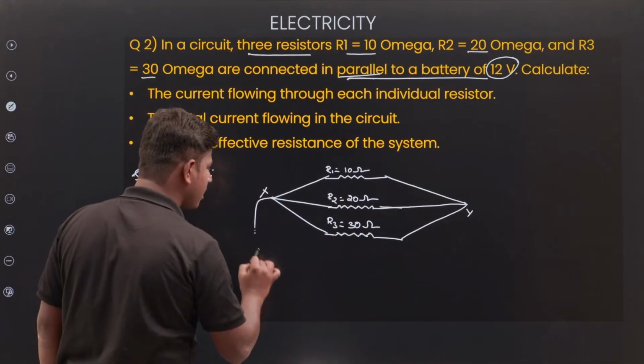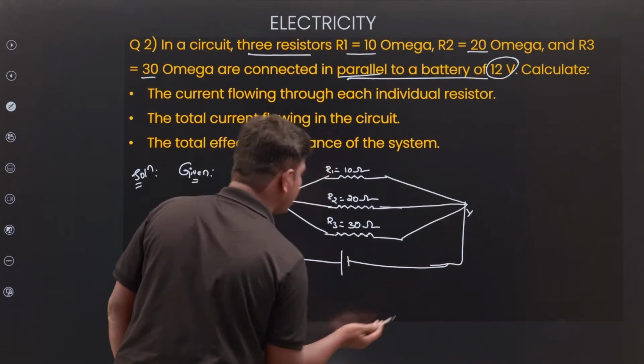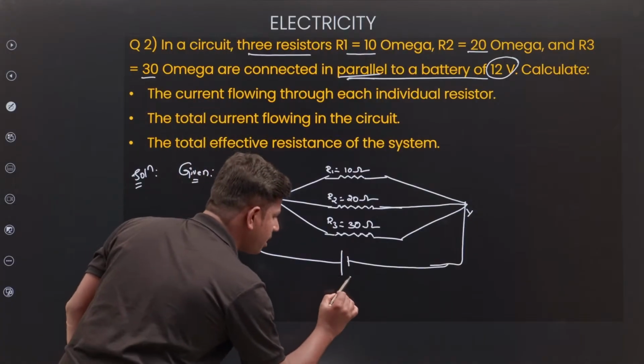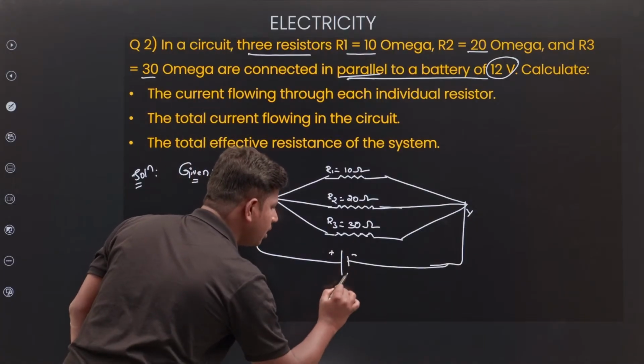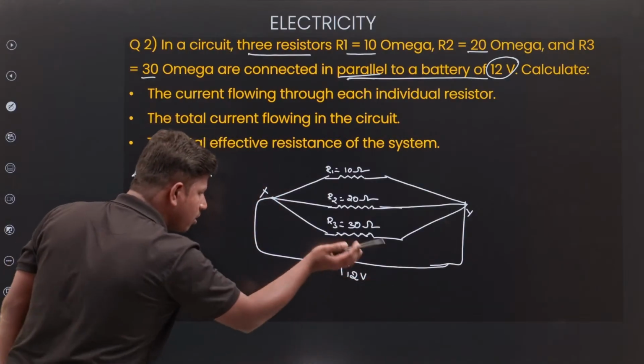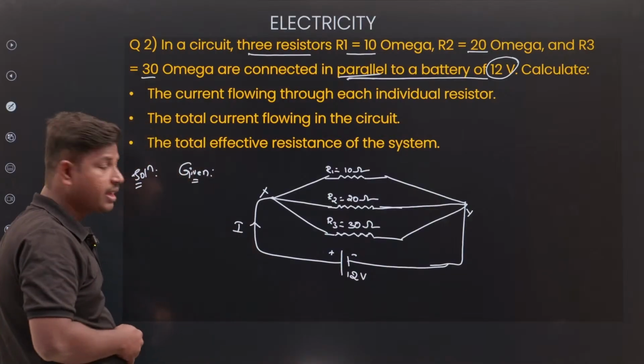Now the current is divided. To which one are they connected? To the battery, a 12 volts battery. Through the 12 volts, I is the amount of current coming.